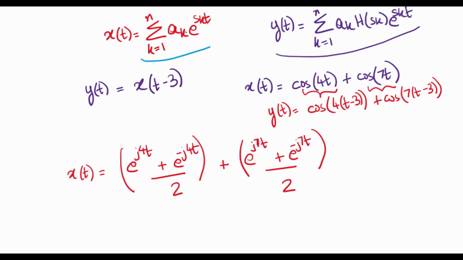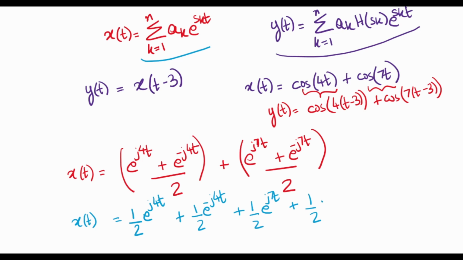Next, I want to write this input in this form. So I want a coefficient times the eigenfunction. So I know this complex exponential is an eigenfunction, so I can write it more conveniently as half, which is the coefficient of this eigenfunction, times e to the power j4t plus half e to the power minus j4t plus half e to the power j7t plus half e to the power minus j7t.